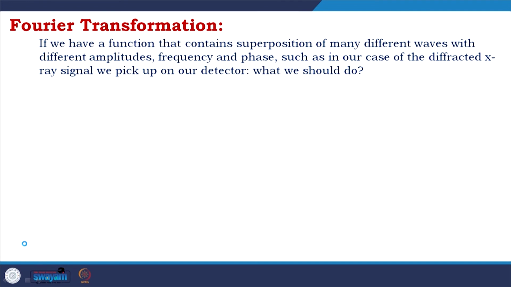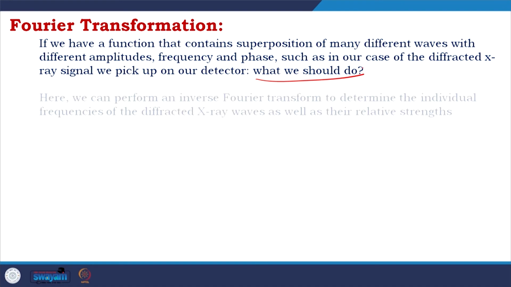Now, if we have a function that contains a superposition of many different waves with different amplitudes, frequency and phase, such as in our case the diffracted X-ray signal we pick up on the detector in an experiment, what should we do?